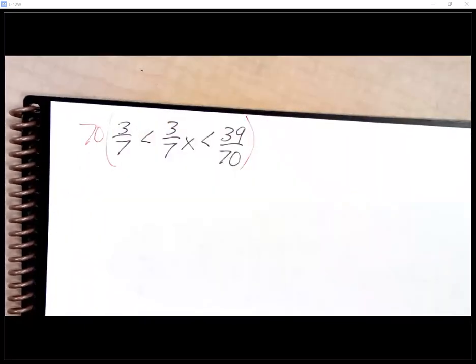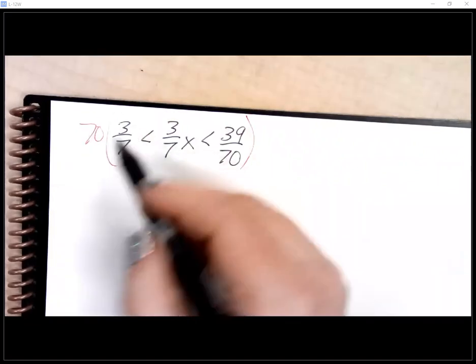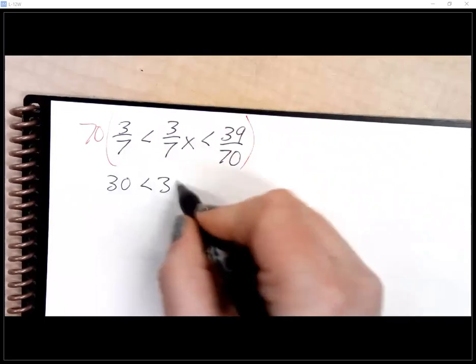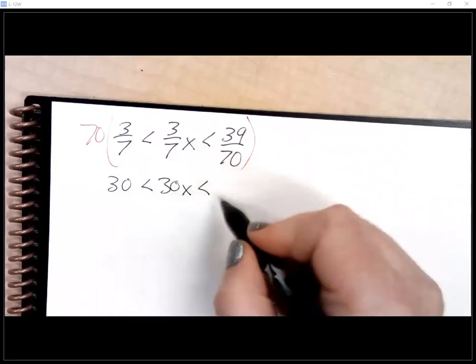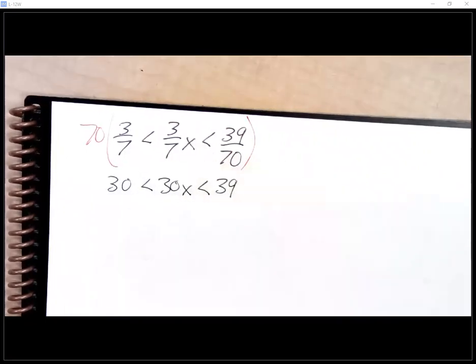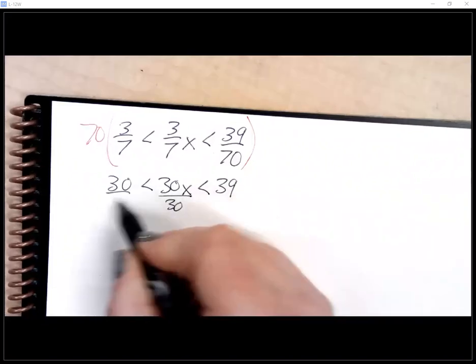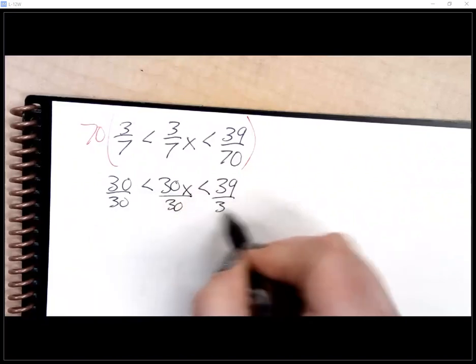So divide down, multiply up, that's going to get me 30x and 39. I'm still always trying to get that x by itself. So now I just have to divide everybody by 30.